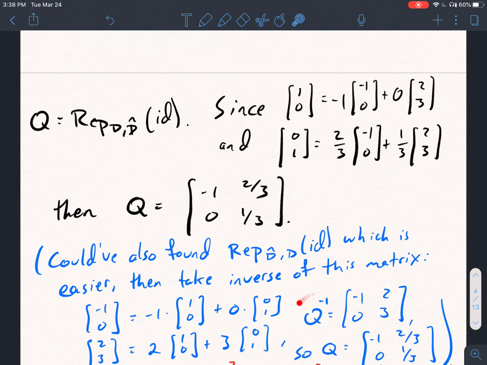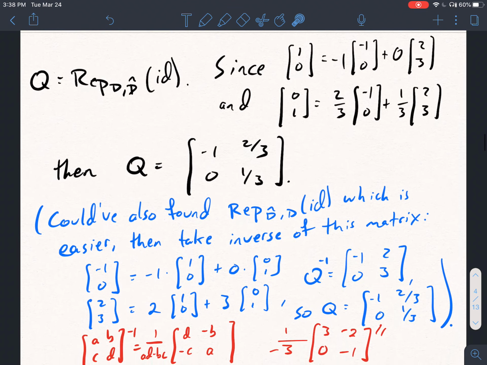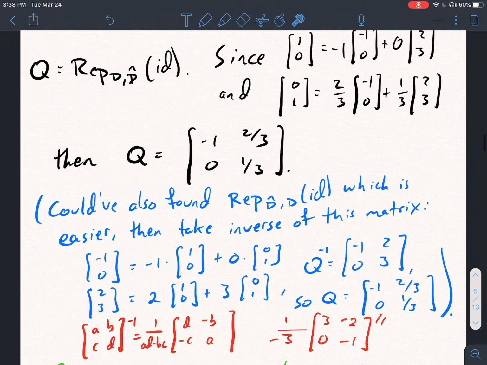Now that we have Q, we can use our formula for the inverse of a 2 by 2 matrix to give us this matrix right here. Just to recall, the inverse of a 2 by 2 matrix (A, B, C, D) is equal to, first, we divide everything by AD minus BC, and then we switch the diagonal entries A and D, and the off-diagonal entries stay in the same place, but we make them negative.